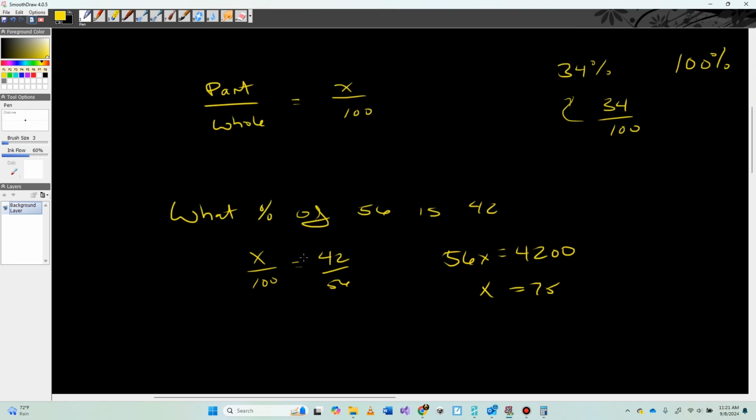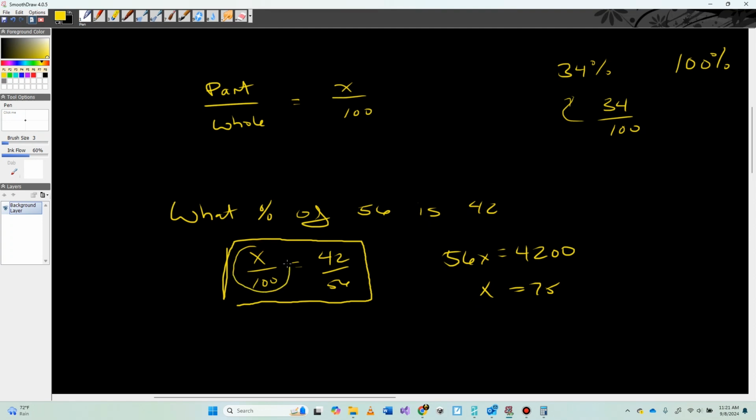Well, x divided by 100 is equal to 42 divided by 56. This is my proportion. 42 divided by 56 can be represented as a percent, but in order to do that, I need to represent it as a value over 100. Well, that value is 75 over 100. If x is 75, this is the percent, not x.